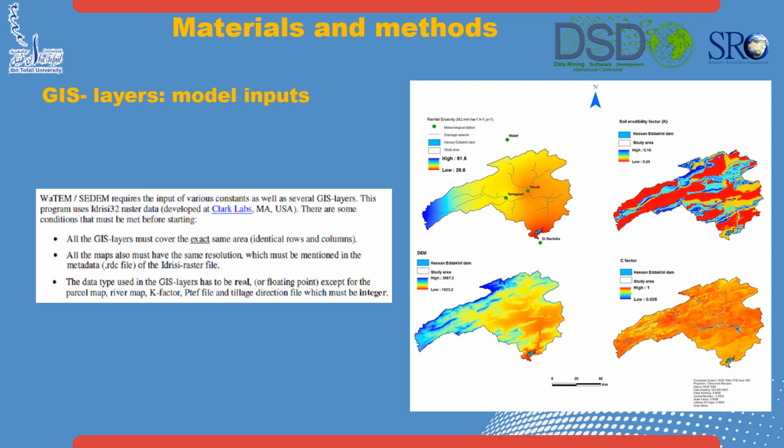WATEM-SEDEM requires that the GIS layers must cover the exact same area and all the maps must have the same resolution. For example, a rainfall erosivity map and a soil erodibility map must have the same resolution.